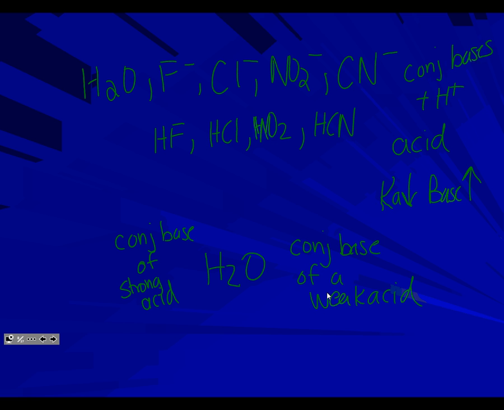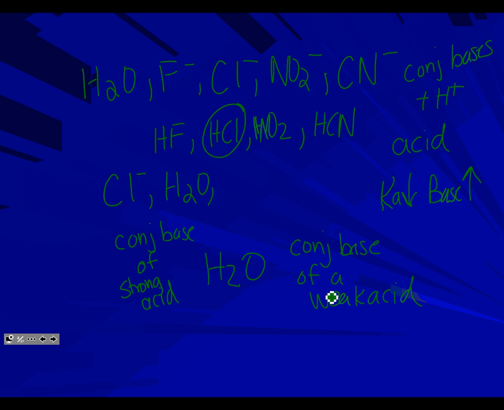One of these acids, and hopefully you know which one, is a strong acid, which is our hydrochloric. The conjugate base of a strong acid is weaker than water. So we'll start this off with chloride. Then comes our water.